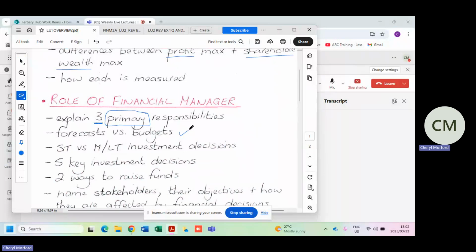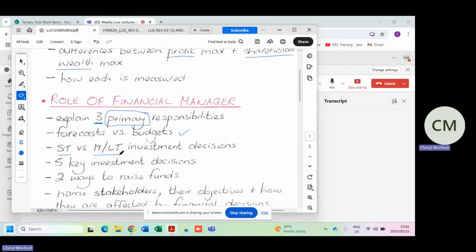And we can here distinguish between investing in short-term or medium to long-term investments. So ST over here is short-term. This next M/LT, medium to long-term investment decisions.